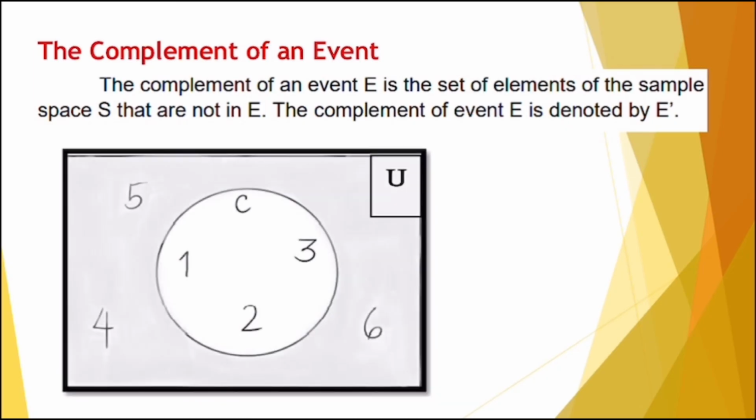So, in our die experiment, E prime, or the complement of E here, is 4, 5, and 6. The Venn diagram on the right side shows the complement of the event in the experiment, which is 4, 5, and 6.